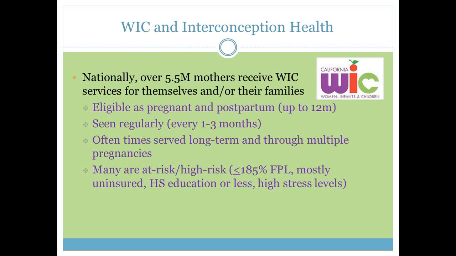We'll be able to continue seeing women regularly and develop long-term relationships with them as they continue to receive services for their children up to age 5. So we're likely to see them through multiple pregnancies, and during that time when they are not pregnant, that interconception phase. During our time together, I'll probably be using interconception health and preconception health interchangeably.